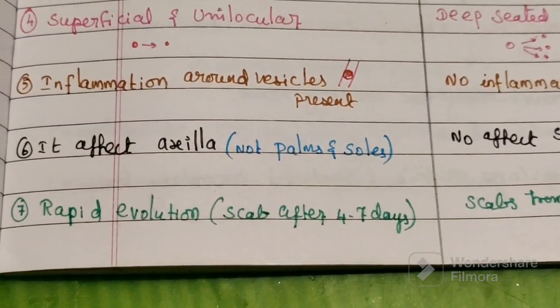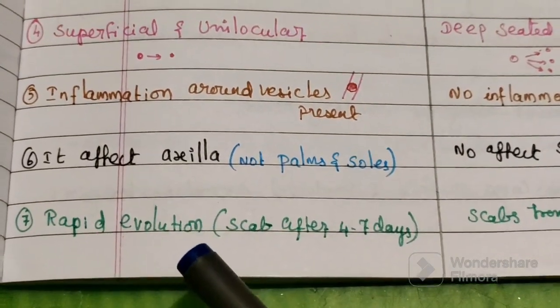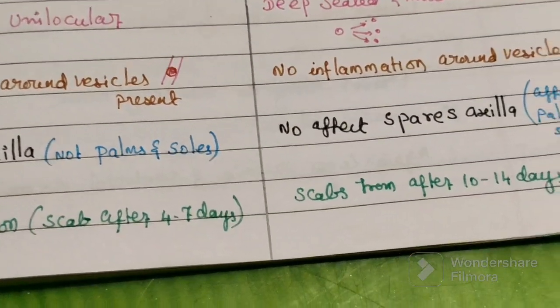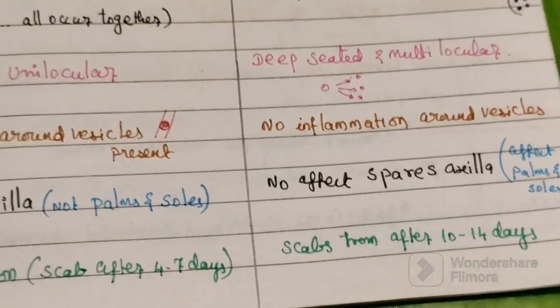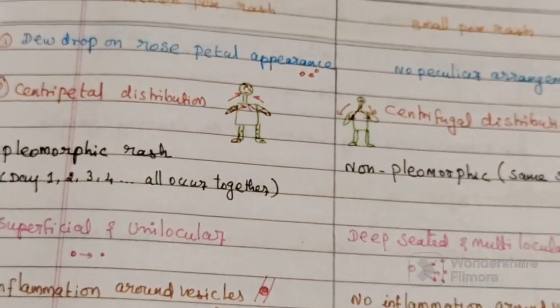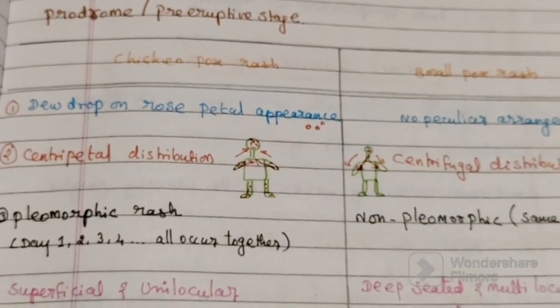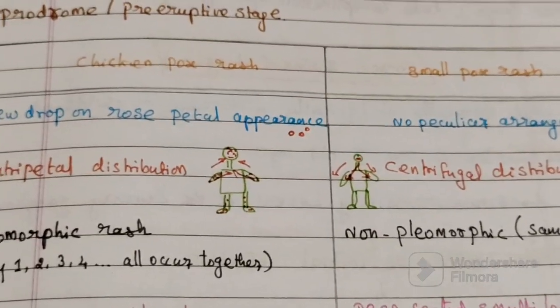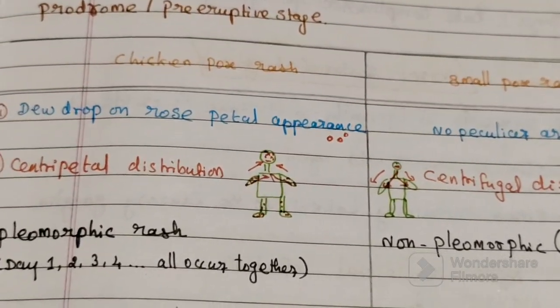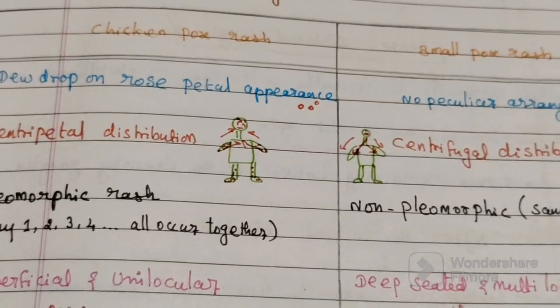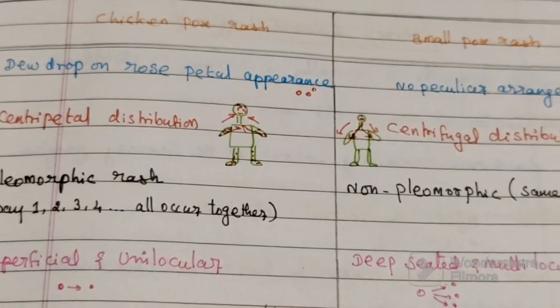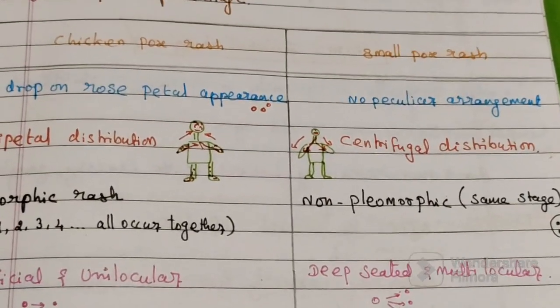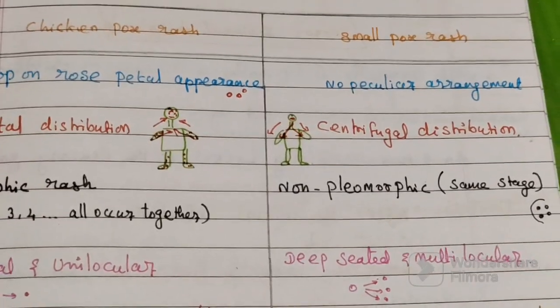Then rapid evolution in this one, slow evolution in the other. These are the main differences between chickenpox and smallpox. But both look similar. These are the differences between chickenpox and smallpox.